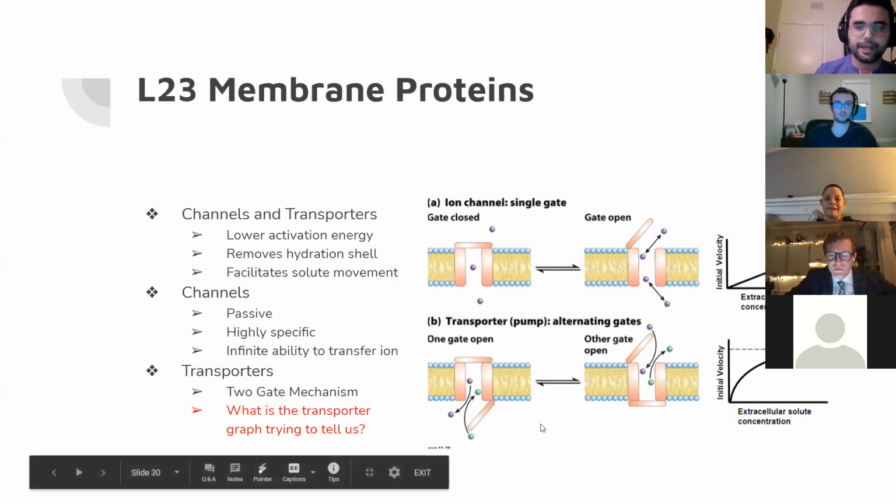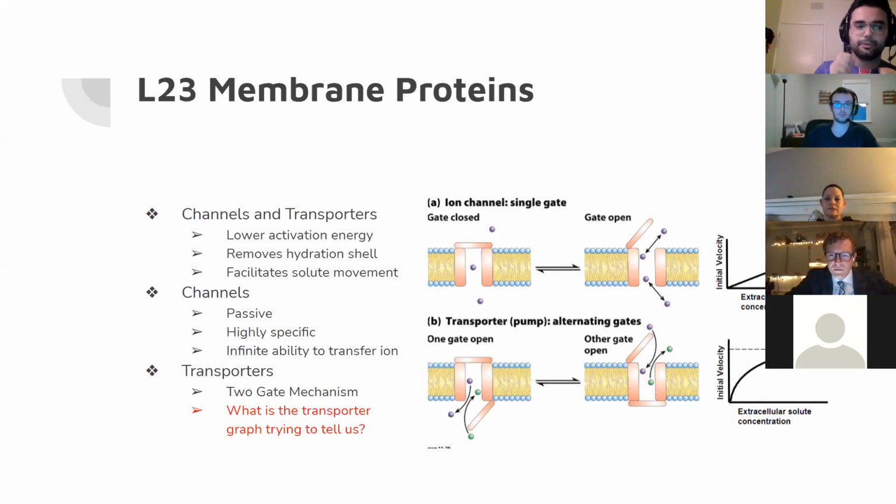But because we have 2 gates, we have to open one, close it, and then open another one. It's like a 2-latch door, a 2-door system to get to one area, which makes it really slow in transporting. Because it's 2 different mechanisms that need to occur for whatever solute to move into the cell. For an ion channel, it's just open one time and everything floods through.